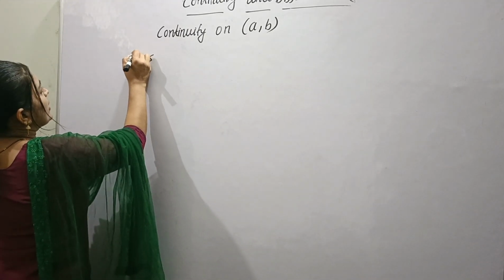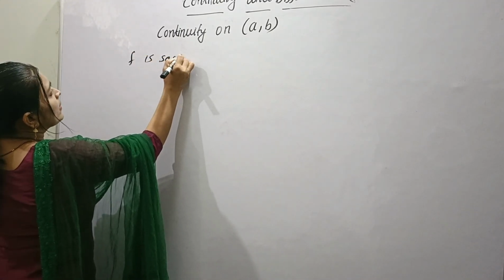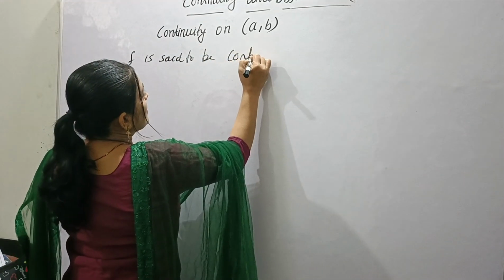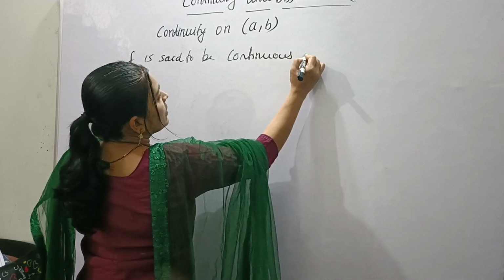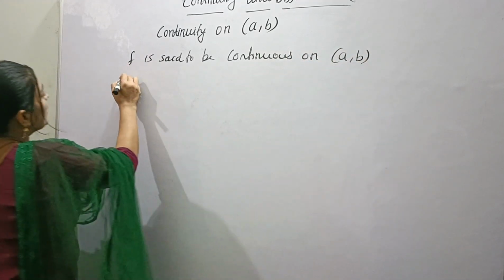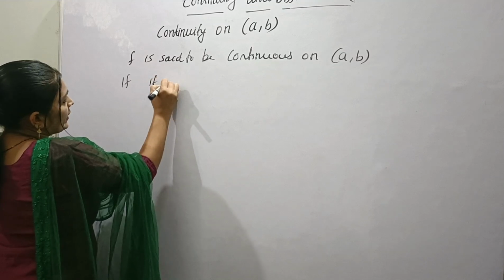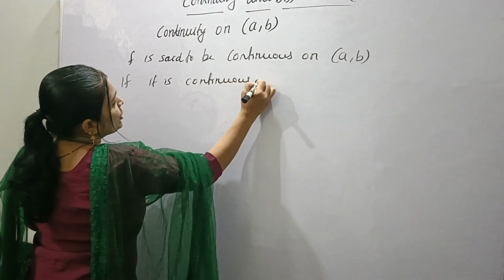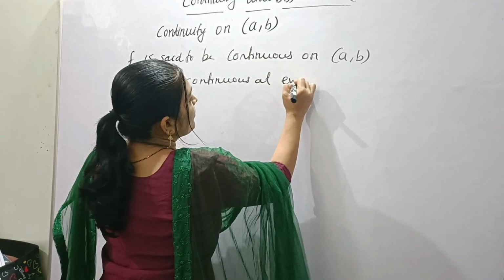The function f is said to be continuous on an open interval AB if it is continuous at every point of AB.